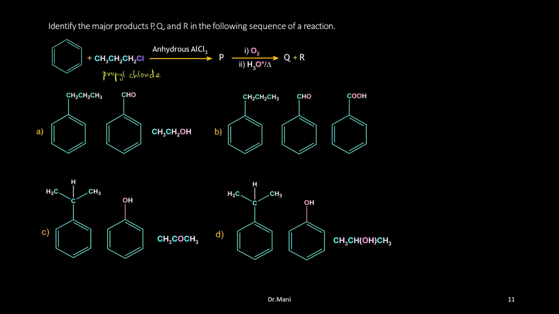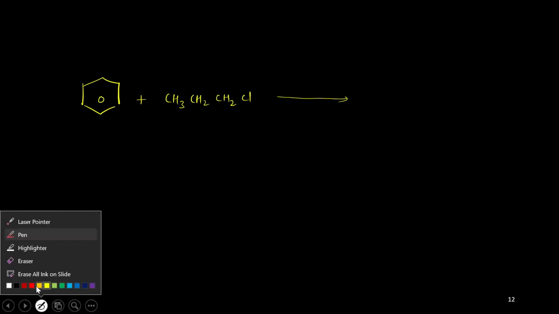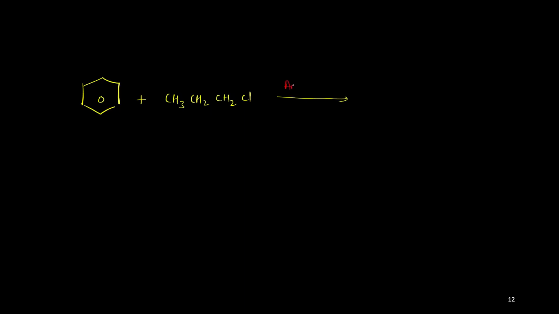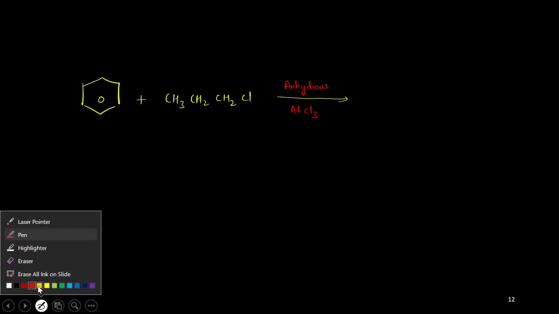So see, what happened here? There is benzene that is treated with propyl chloride. So you take the benzene and you treat it with propyl chloride, CH3CH2CH2Cl, in the presence of anhydrous aluminum chloride. What will we get here?